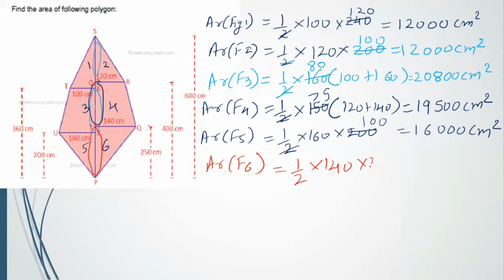So 140 into 250. Let us simplify this. If I divide 140 by 2, I get 70. And 70 into 250, I get 17,500 centimeters square.